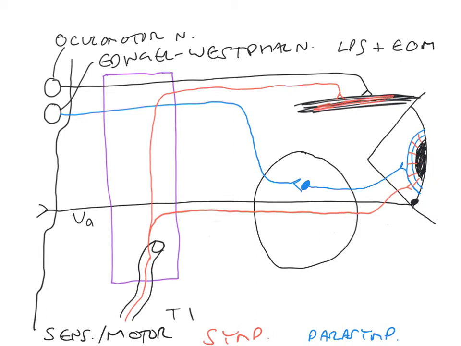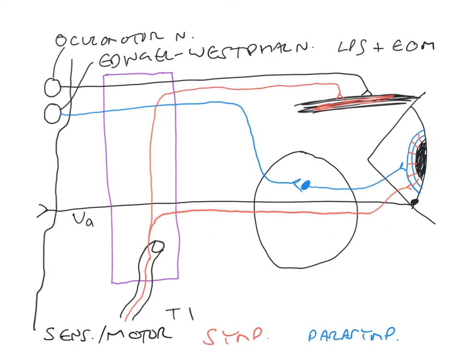So you can see here how the sympathetic and the parasympathetic systems are able to have antagonistic actions. The sympathetics innervate the radial fibres which make up dilator pupillae, causing the pupil to expand. The parasympathetics innervate the circular fibres of sphincter pupillae, causing the pupil to contract.